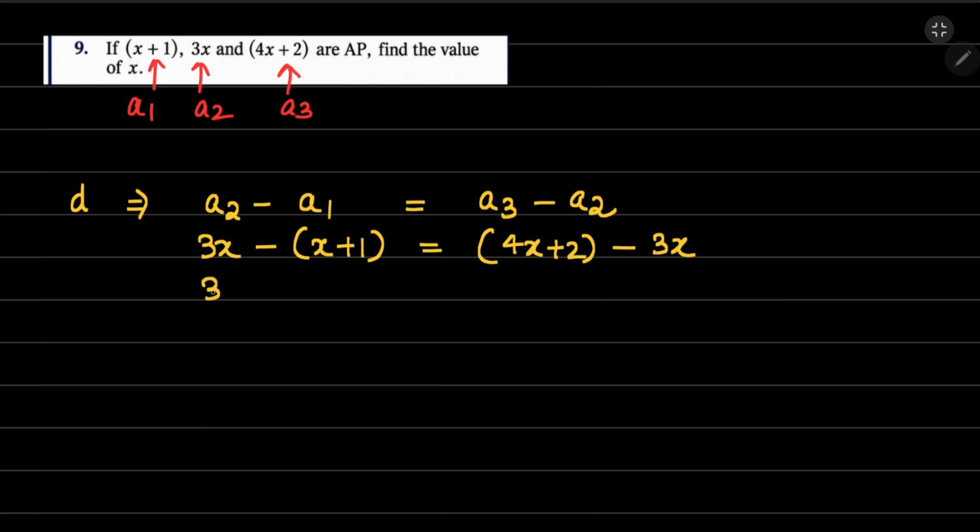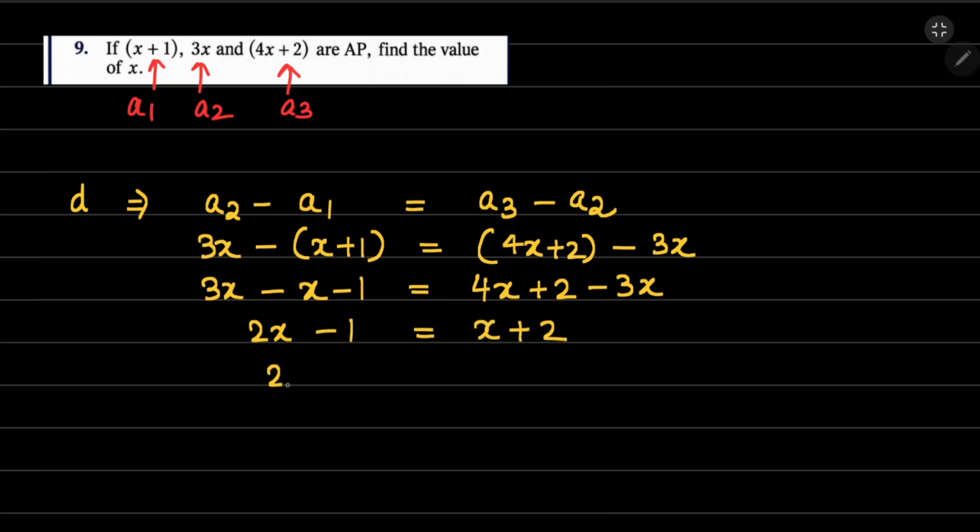Let's solve for x. So 3x minus x minus 1 is equal to 4x plus 2 minus 3x. So it's 2x minus 1 is equal to x plus 2. 2x minus x is equal to 2 plus 1. So x is equal to 3. That's all.